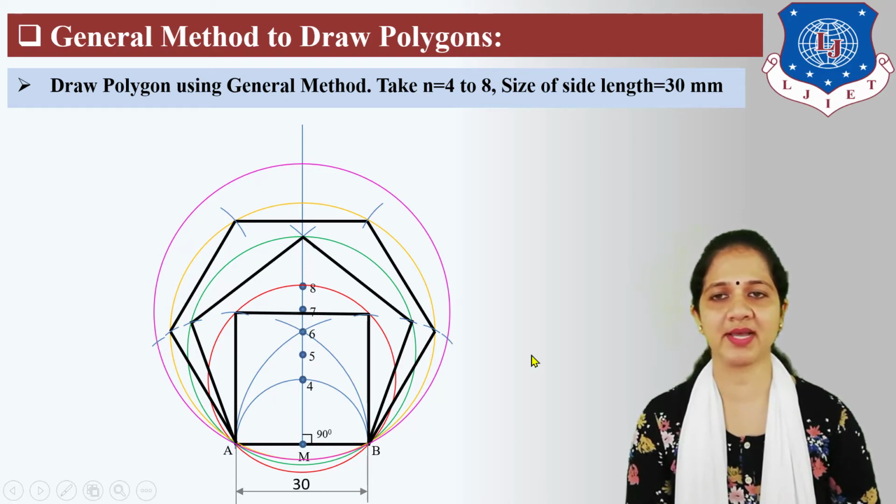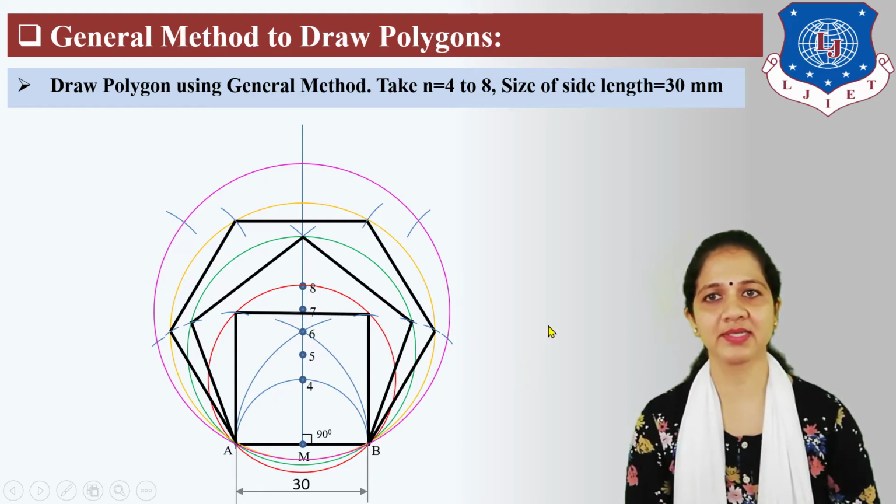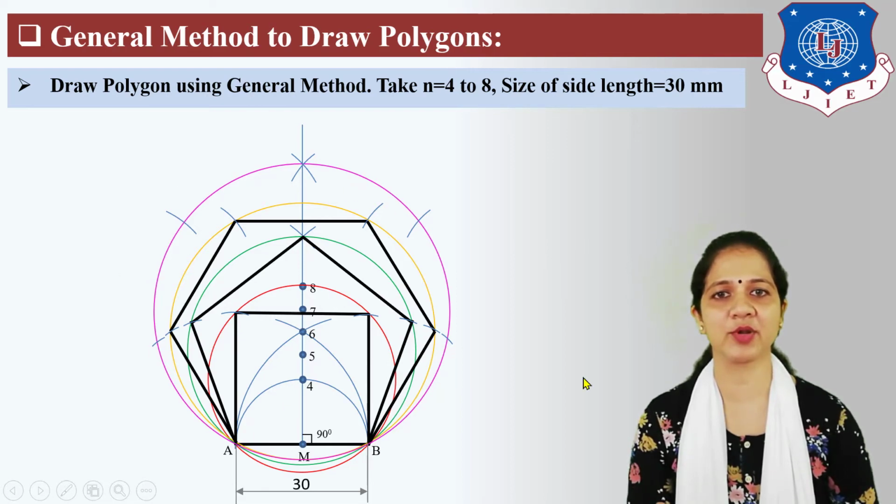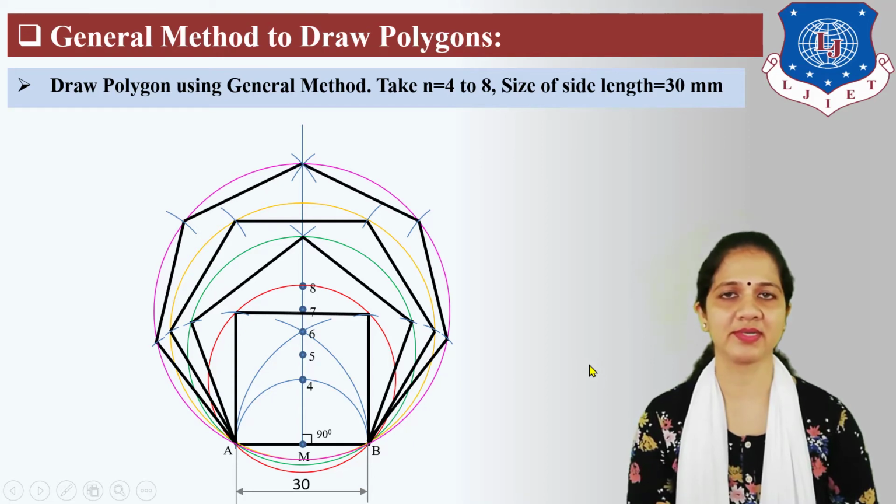From these two cut arcs, cut another 2 arcs having the same radius 30 mm. Similarly, from these two cut points, cut 2 intersecting arcs on the heptagon circle having the same radius 30 mm. Join all these points in proper sequence and complete the heptagon.